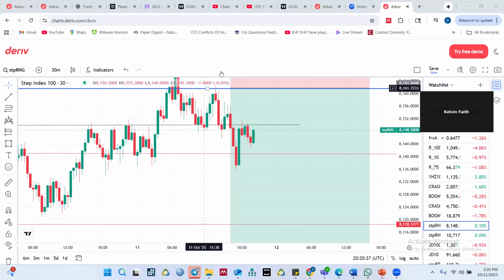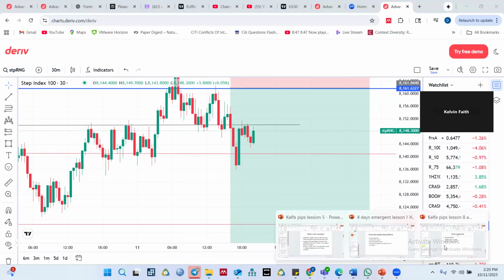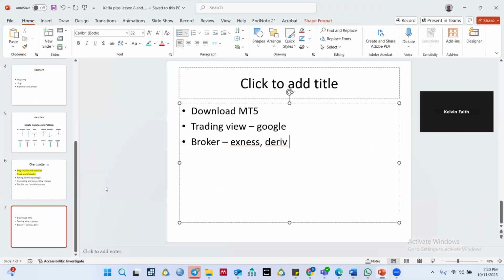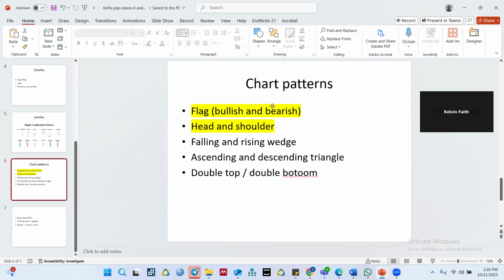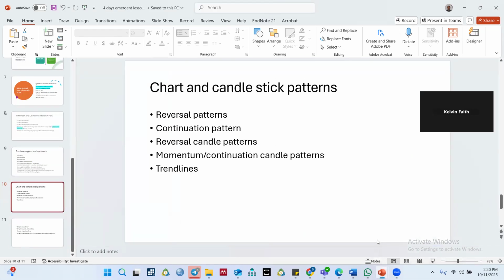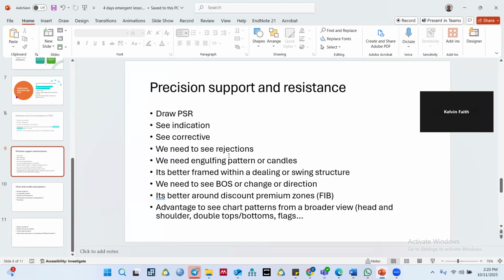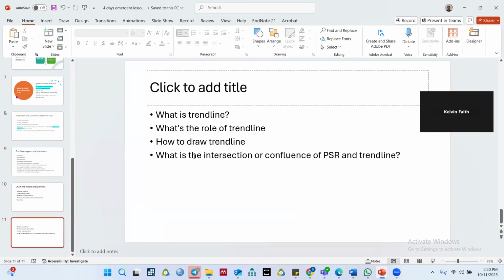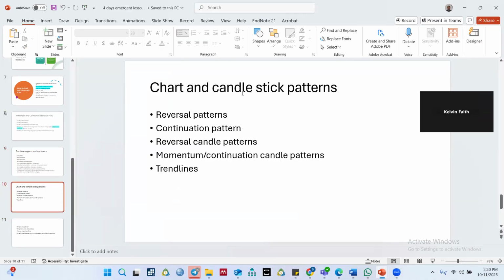So for today we want to look at chart patterns and candlestick patterns.